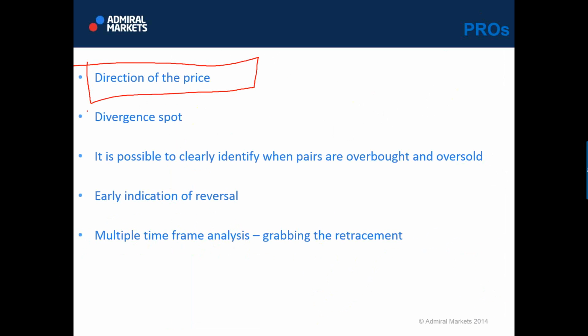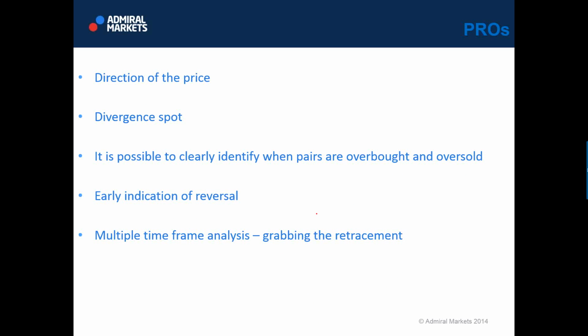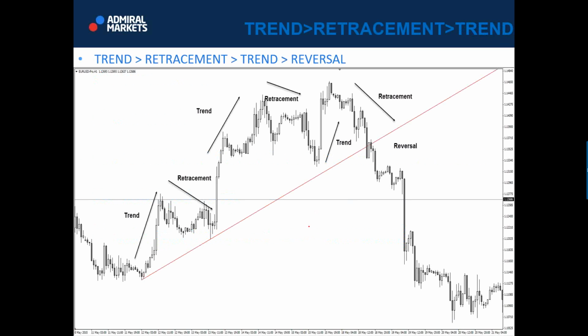You can spot divergence almost instantly after the candle close. It is possible to clearly identify when pairs are overbought and oversold. It's an early indication of reversal. And a very big advantage: multiple time frame analysis, grabbing the retracement.